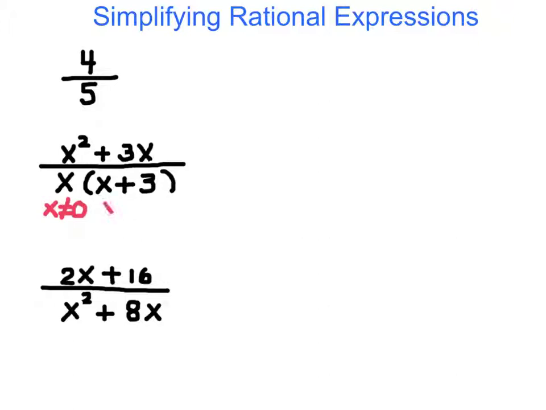X also cannot equal negative 3, because if x is negative 3, negative 3 plus 3 is 0, and we end up with a 0 times this x, which is negative 3. We end up with a 0 in the denominator. So these are our domain restrictions right here.